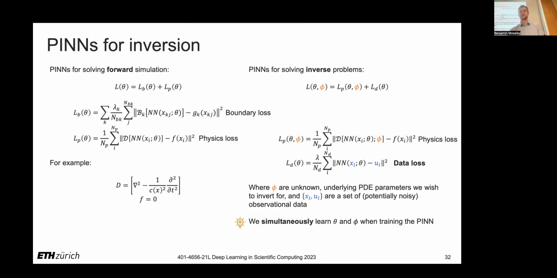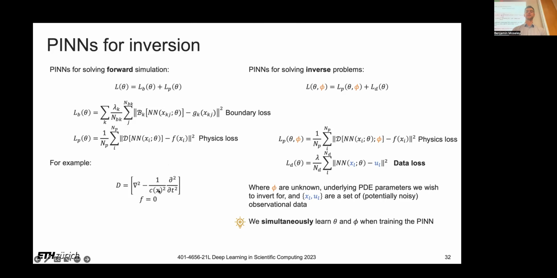The most important change is that we realize this differential operator, which defines our PDE, has some terms that we actually want to know. We want to know what the velocity of the Earth is here, for example. So we say, okay, we don't know these, we're actually going to learn these instead.